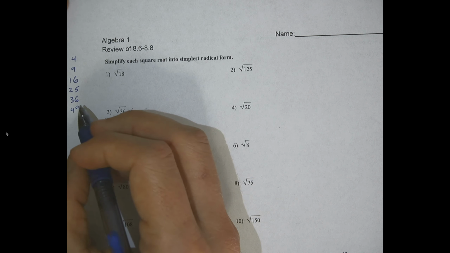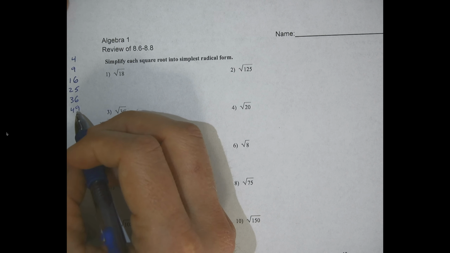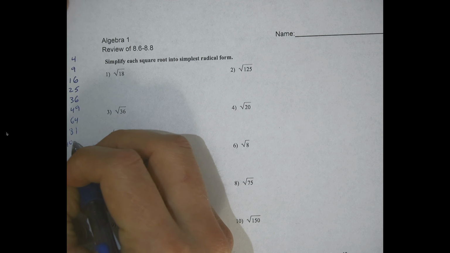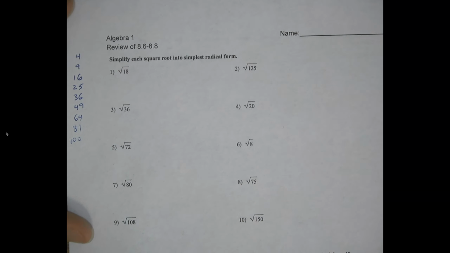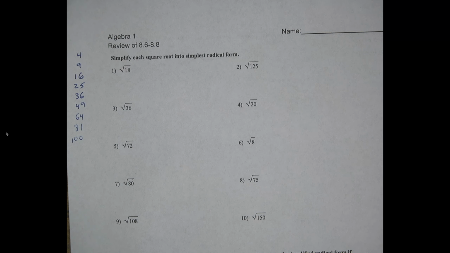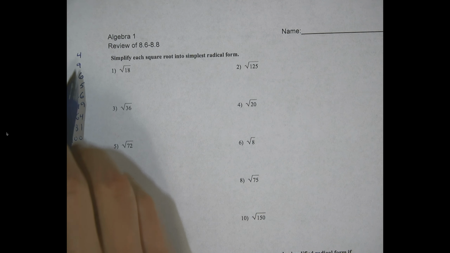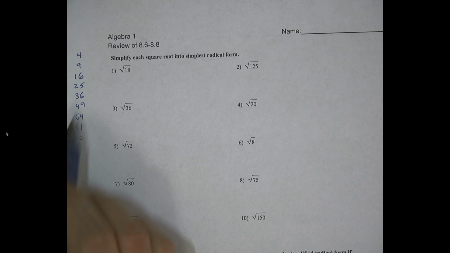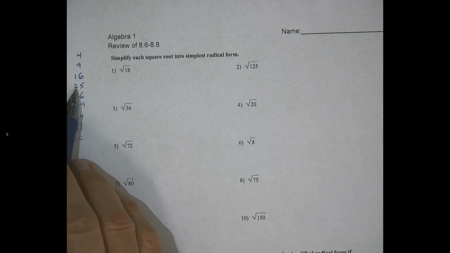Once we get higher than that, it gets a little more difficult, but we could keep going, right? 64, 81, 100. All of those have actual square roots. So if I took the square root of 4, it's 2. The square root of 9 is 3. The square root of 16 is 4. The square root of 25 is 5.